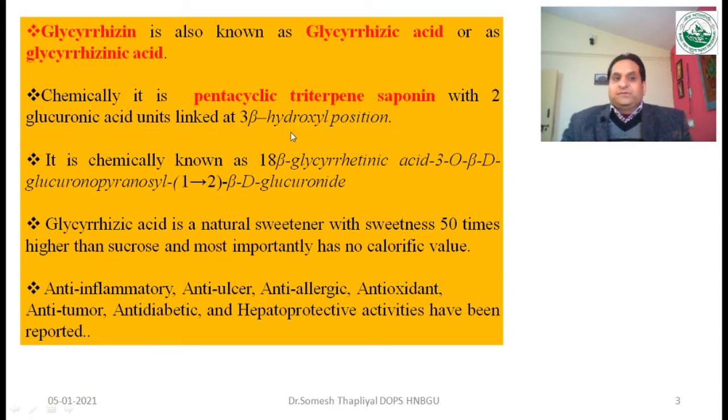hydroxyl position. Glycyrrhizin is commonly known as glycyrrhizic acid, or glycyrrhizinic acid.